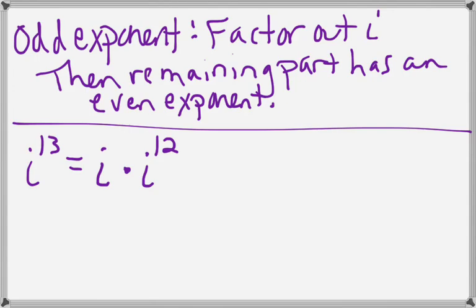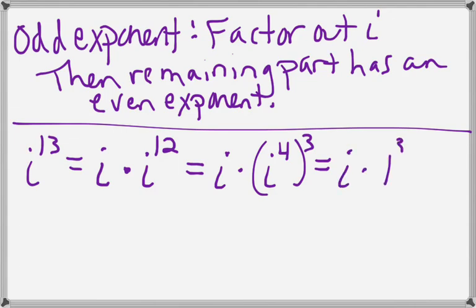And now i to the 12th has an even exponent, so we can deal with that just like we did before. Since 4 goes into 12, we can think of this as i to the 4th, cubed. And then i to the 4th is 1. So i times 1 cubed is 1, so we just have i.